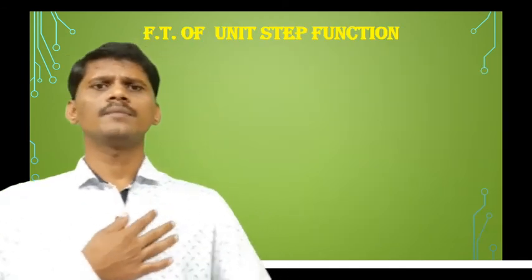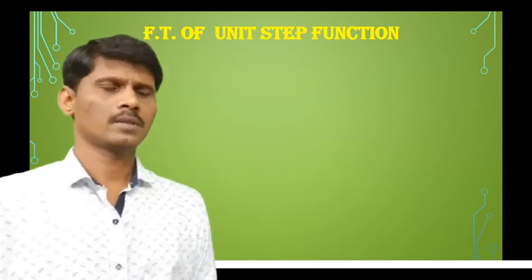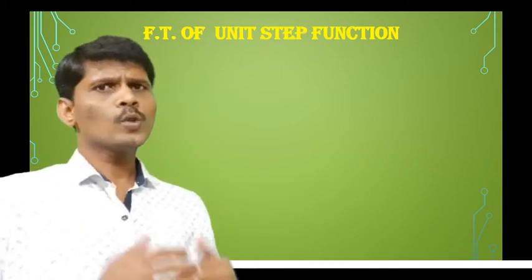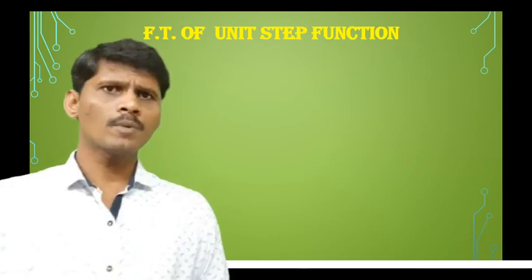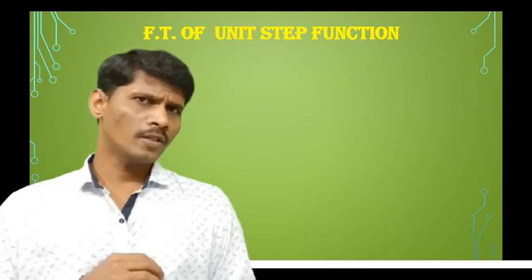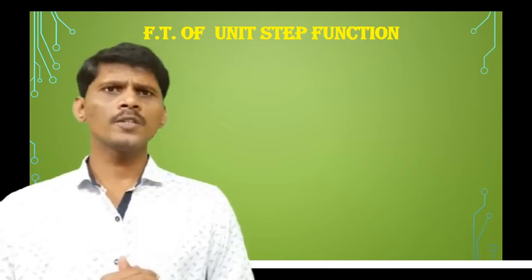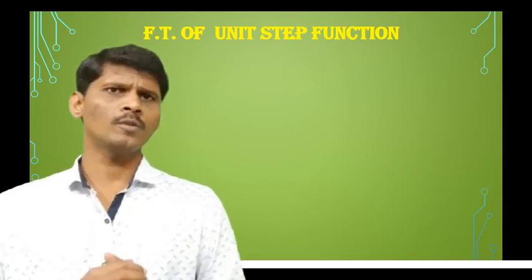Next, calculate the Fourier transform of the unit step function. There are two ways we can determine the Fourier transform of a unit step function. One method is according to the definition of the unit step signal. What is the definition? u of t is equal to 1 for t greater than or equal to 0.